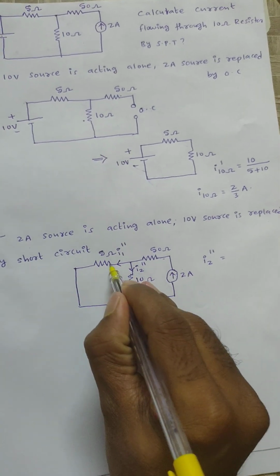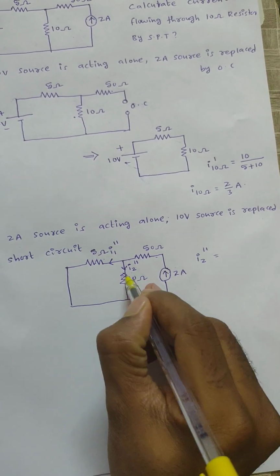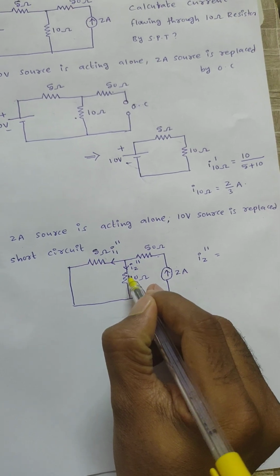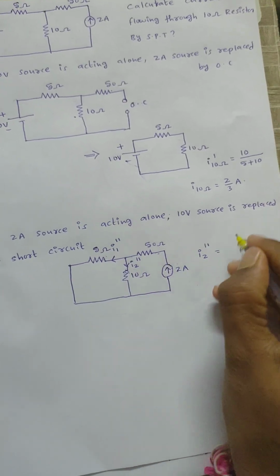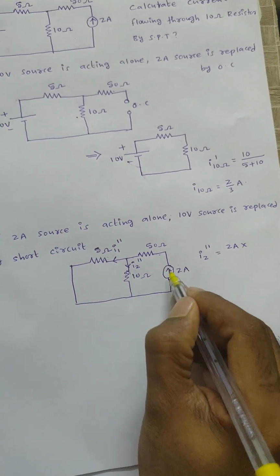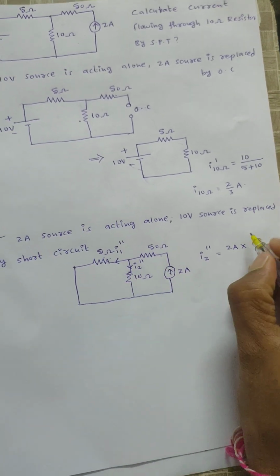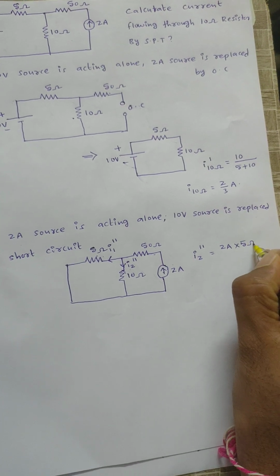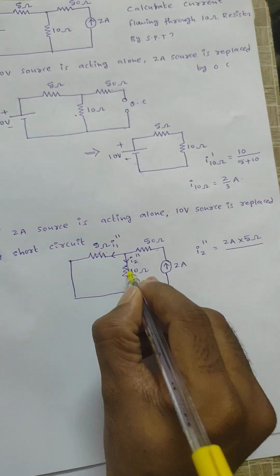In parallel I can use the current division rule: I2 double dash equals the total current, 2 amperes, into the opposite parallel branch resistance, that is 5 ohm, divided by the sum of the parallel branch elements.